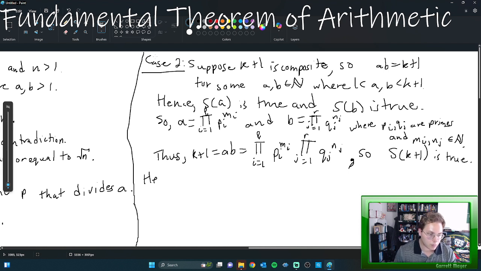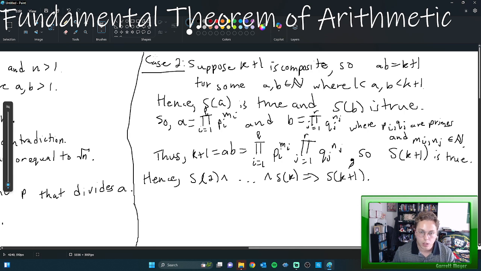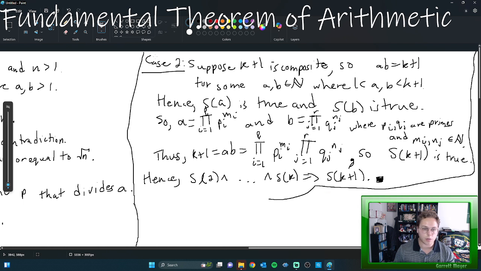Hence, S of 2 and S of k implies S of k plus 1. So what we've done here is proven the existence of the prime factorization in the fundamental theorem of arithmetic. So this shows basically that every single natural number has a prime factorization.